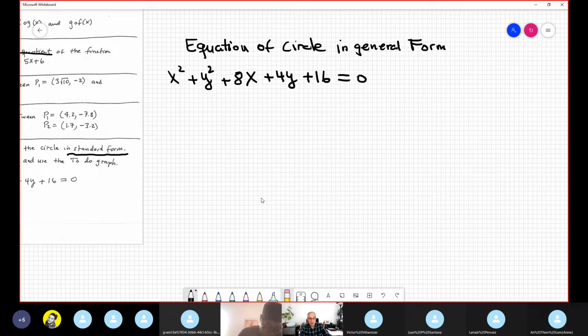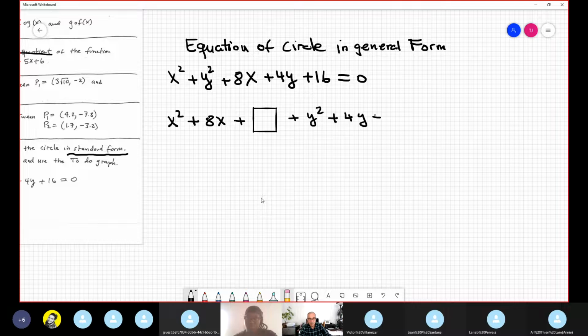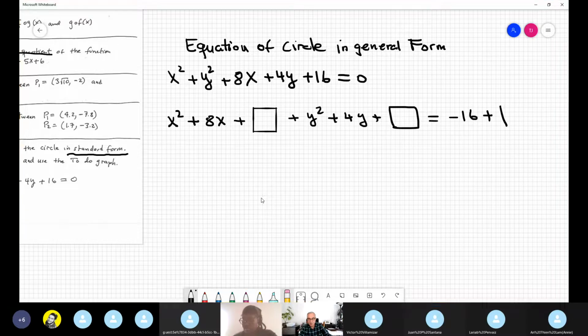Because in the standard, you can see where the center and where the radius. So the process we are doing is now completing the square. You separate the x and y, let's do x squared plus 8x separately, plus one box, and that box is the magic number that completes the square of this trinomial. Likewise, you organize the y part. Thus, in the right-hand side, I move negative 16 plus 2 boxes.